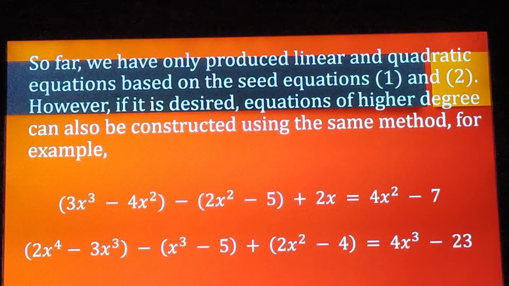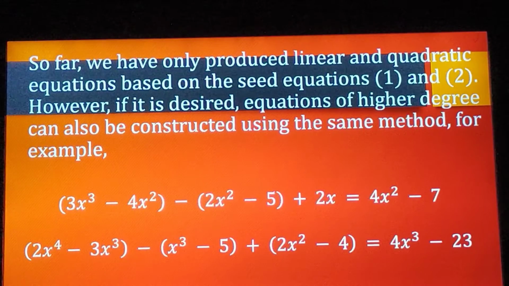For example, 3x cubed minus 4x squared, which is 8, because x cubed is 8, and 3 times 8 is 24, and then 4x squared is 16, so 24 minus 16 is 8, and then 2x squared minus 5 is 8 minus 5, which is 3, and then the third expression, 2x, is 2 times 2 is 4, so this is 8 minus 3 plus 4 on the left side, and on the right side, 4x squared is 16 minus 7 is 9.